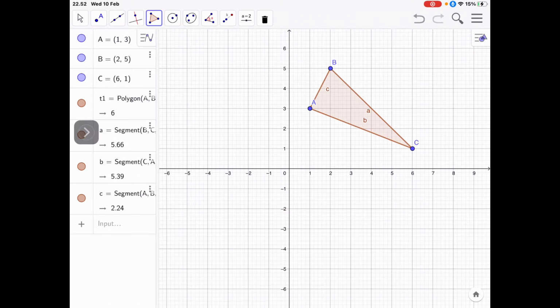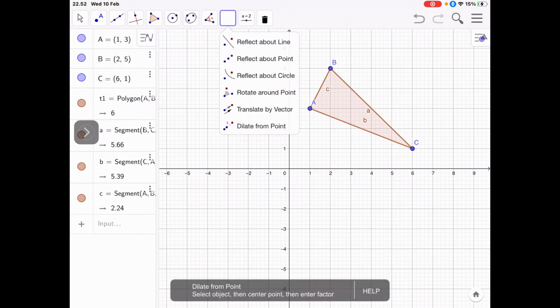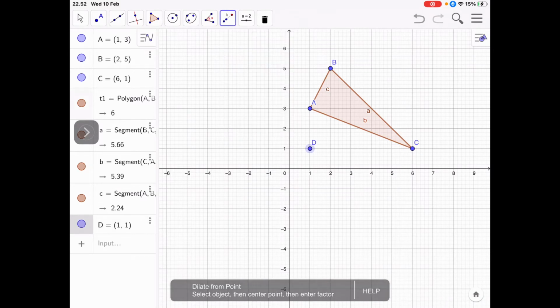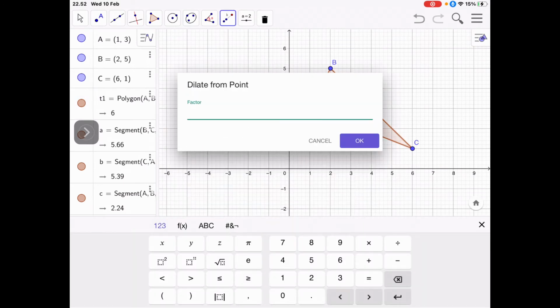So let's say the center of enlargement is (1, 1). We want to enlarge this object at the center of enlargement (1, 1). So first of all we choose the center of enlargement, then we want to dilate it by a scale factor, let's say 2.